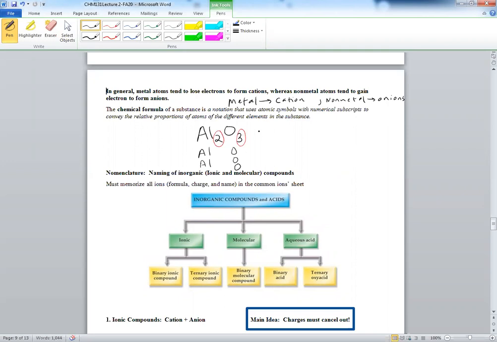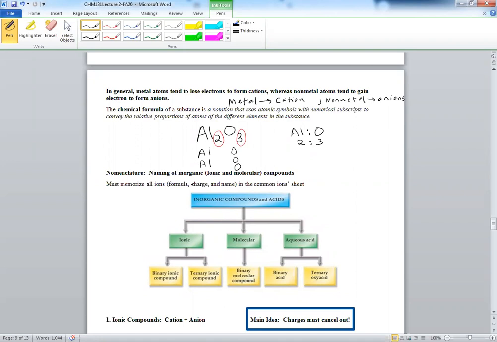And it tells us that the proportion or the ratio of aluminum to oxygen is 2 to 3. So that's a chemical formula. Much easier to use than just simply writing out the name all the time. And it gives us so much visual information as a symbolic representation.